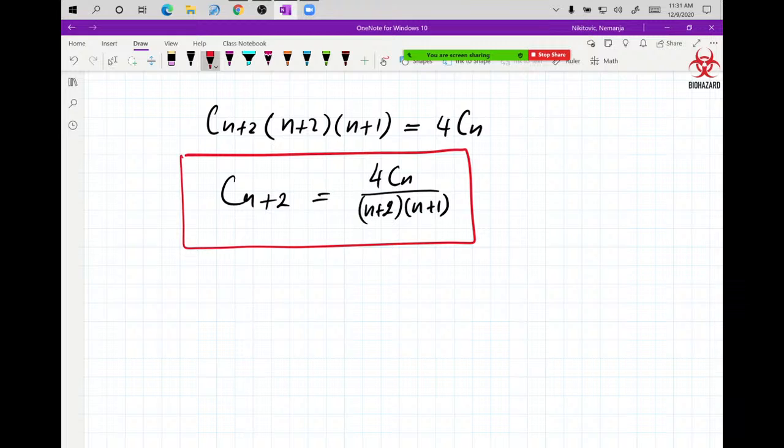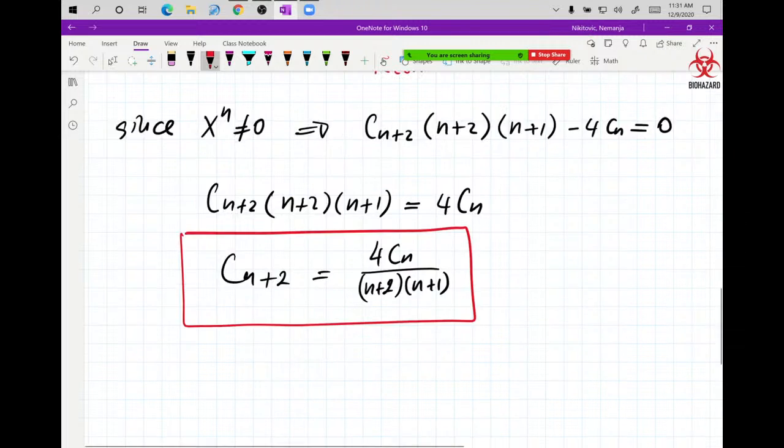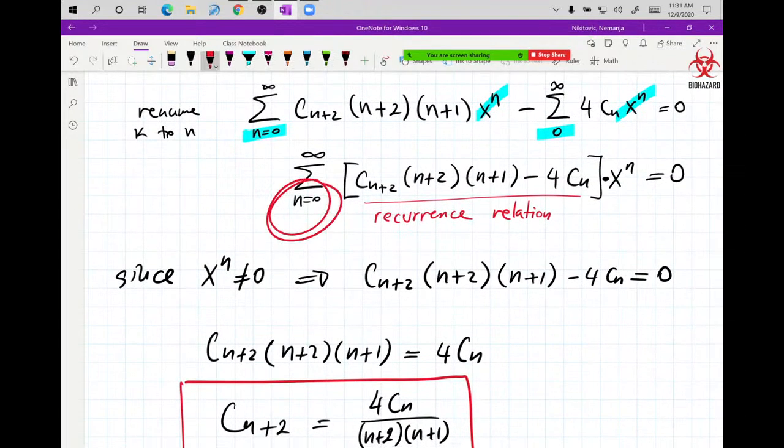And now all you need to do is run through all of these coefficients and see in which way they are related. Now remember, your sum starts at n equals 0. It will not always start at n equals 0.